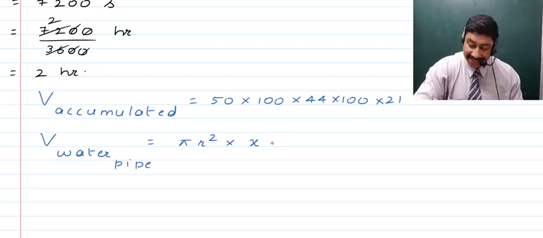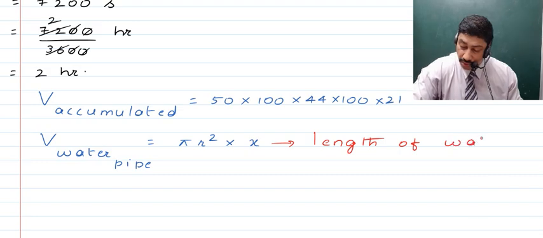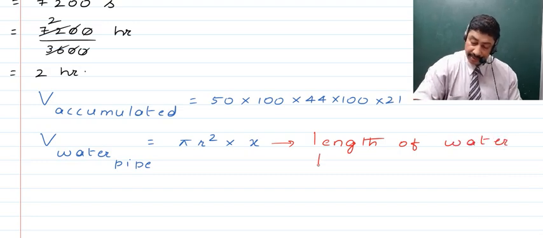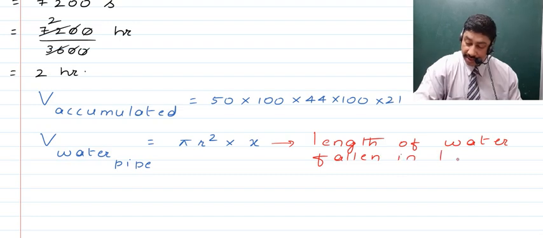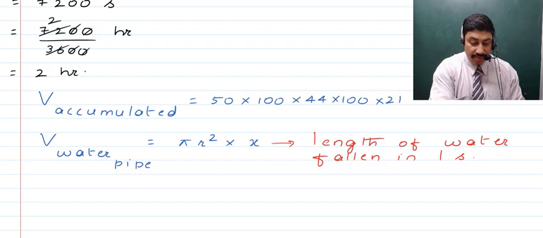So what is x here? X is the length of water fallen in 1 second.